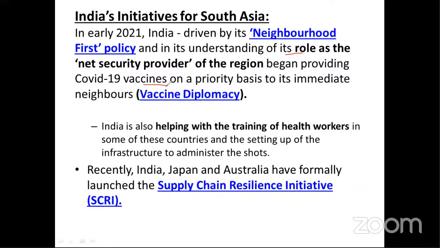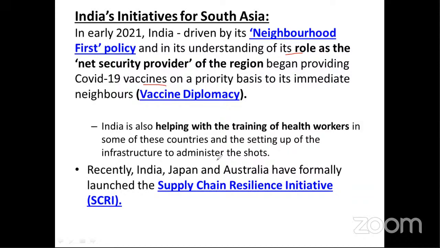Vaccine diplomacy actually means how India is helping its neighboring countries by providing free medical supplies that are required. India is also helping with the training of health workers in some of these countries and setting up infrastructure to administer the shots.